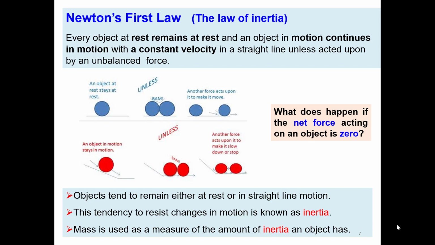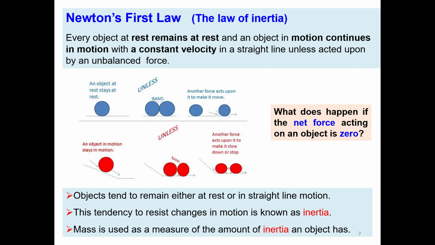Basically, the first law explains what happens if the net force acting on an object is 0. Then there are two possibilities: the object is at rest, or the object is moving at constant velocity.